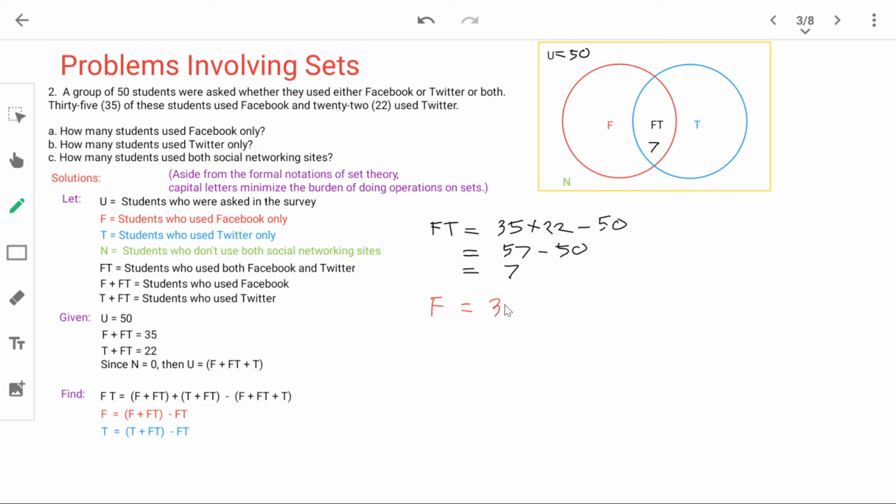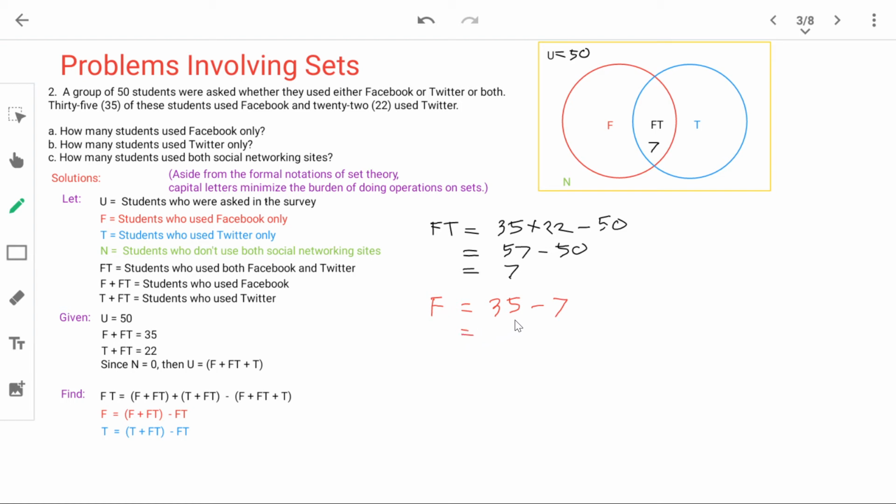So 35 students use Facebook, but not only. Minus the FT, meaning students who use both social networking sites. Our FT has been solved prior, which is equal to 7.